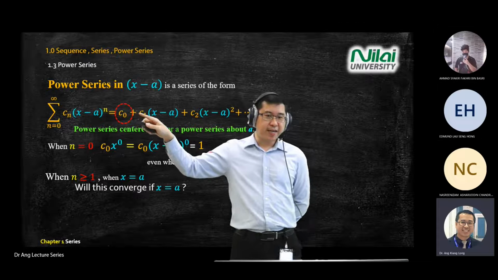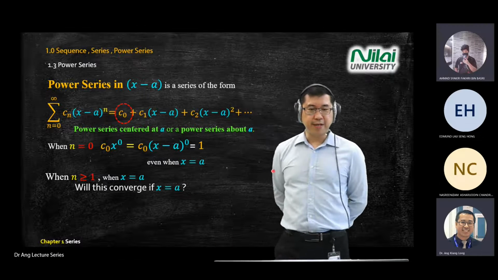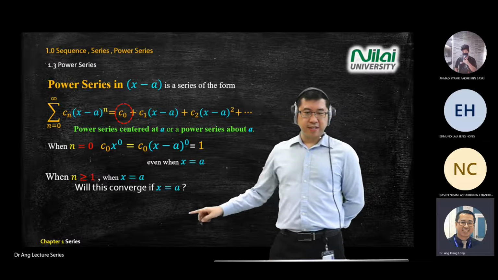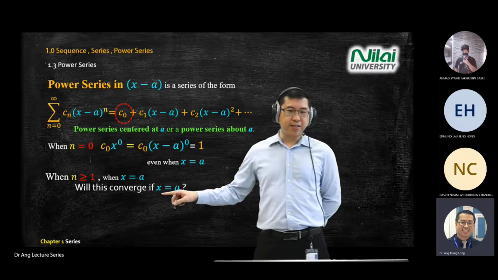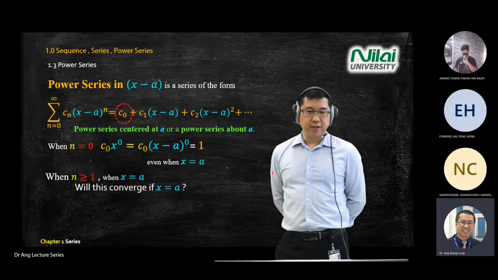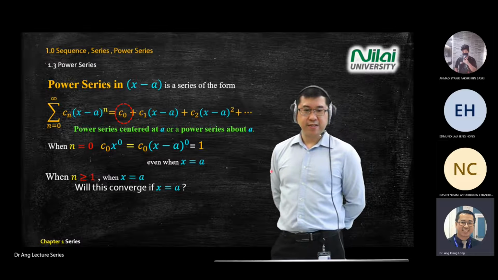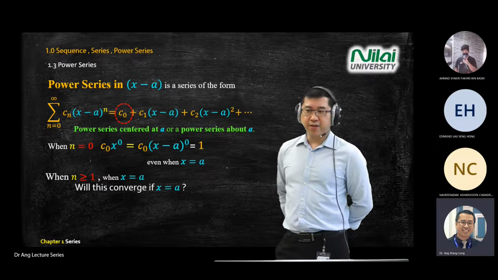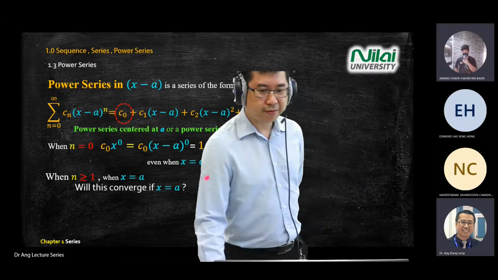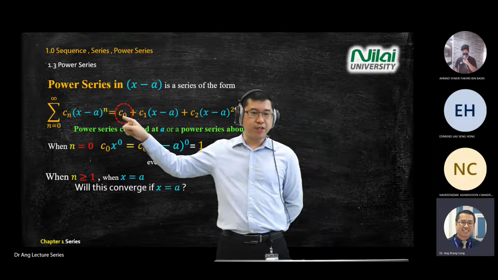Cn bracket x minus a to the power what? The first number. By looking at this request, what do you get? Do you understand what I'm asking you? Give me the equation, what do you get?